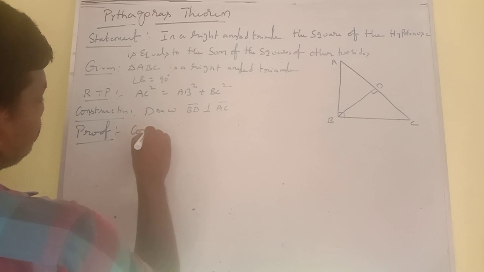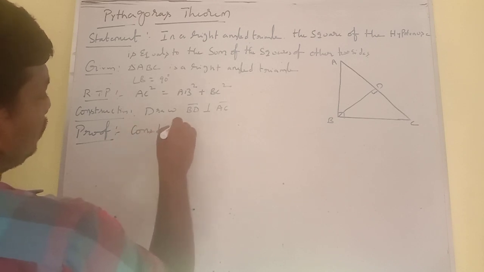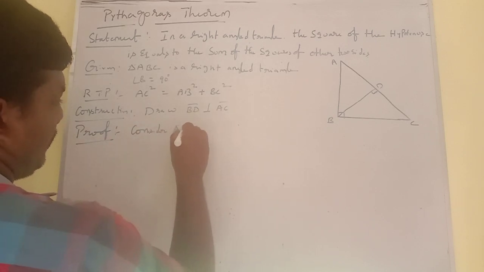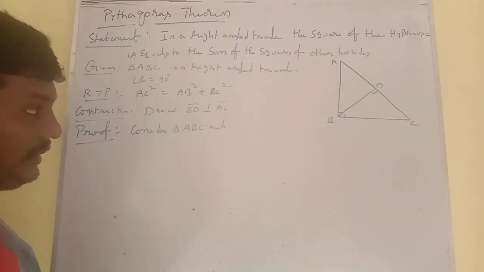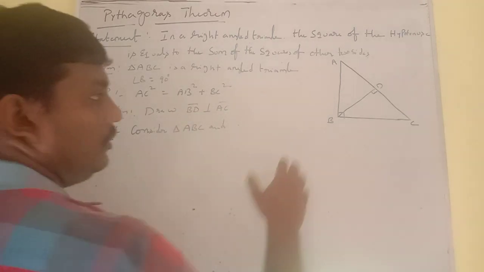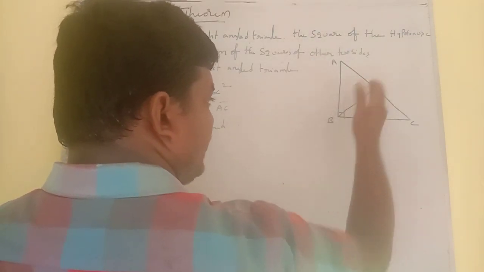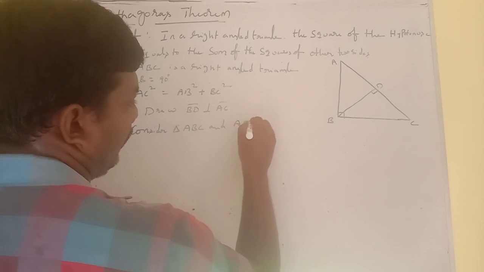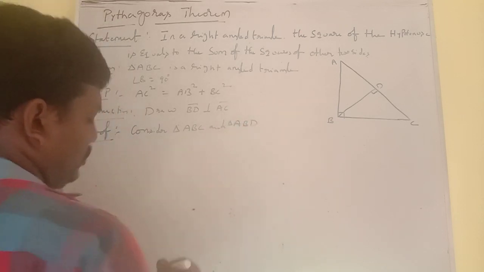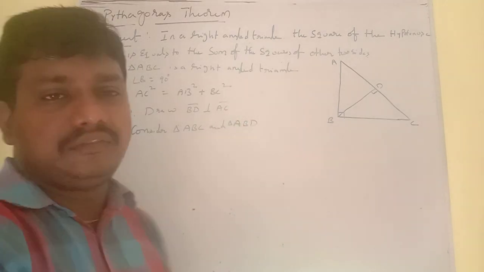Consider triangle ABC and triangle ABD first. So these two triangles I am going to consider first.